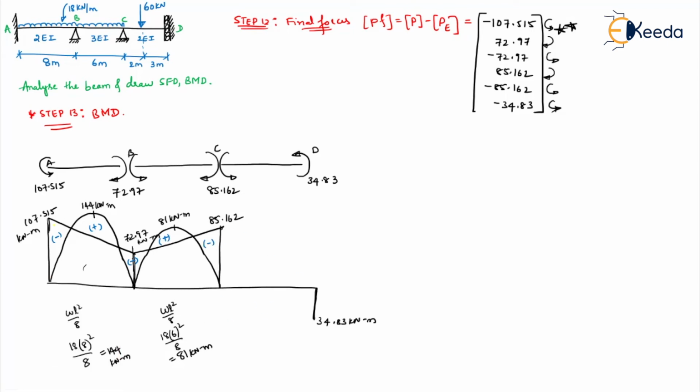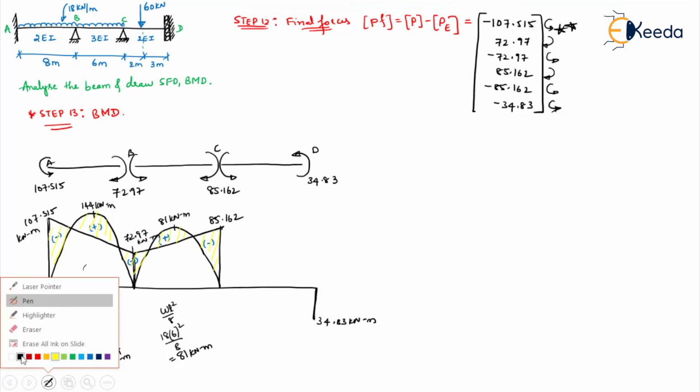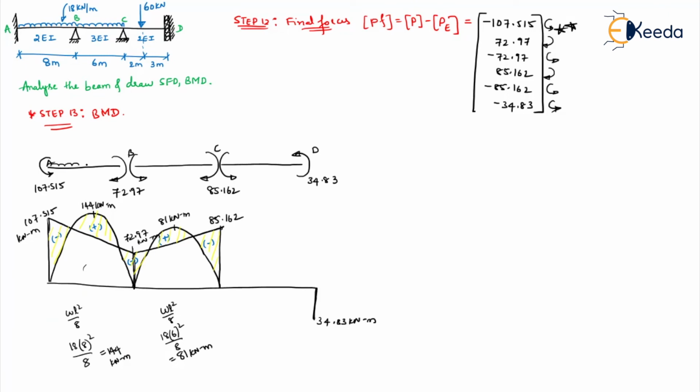Now after doing the bending moment diagram, what do we have to do? We have to do the shear force diagram, and for that we need the reactions. So for finding reactions, make sure that along with these fixed end moments you find your reactions. Let us do it here only. I'll just draw my loads and write the lengths. This is 18 kilonewton per meter, this is also 18 kilonewton per meter, and here there is a point load of 60 kilonewton.